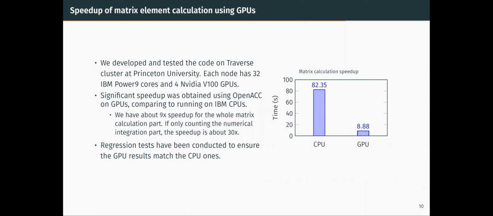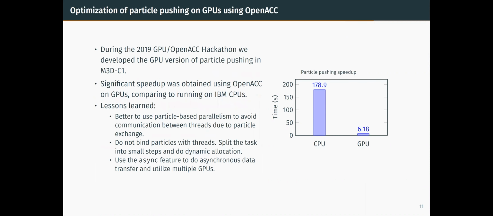Okay, so in addition to the matrix element calculation, we also do the optimization of the particle pushing. This was actually done in 2019 with the help of another hackathon. For this part, we reach about 30 times speedup for the particle pushing using the NVIDIA V100 GPUs. In this implementation, there are several lessons that we learned.